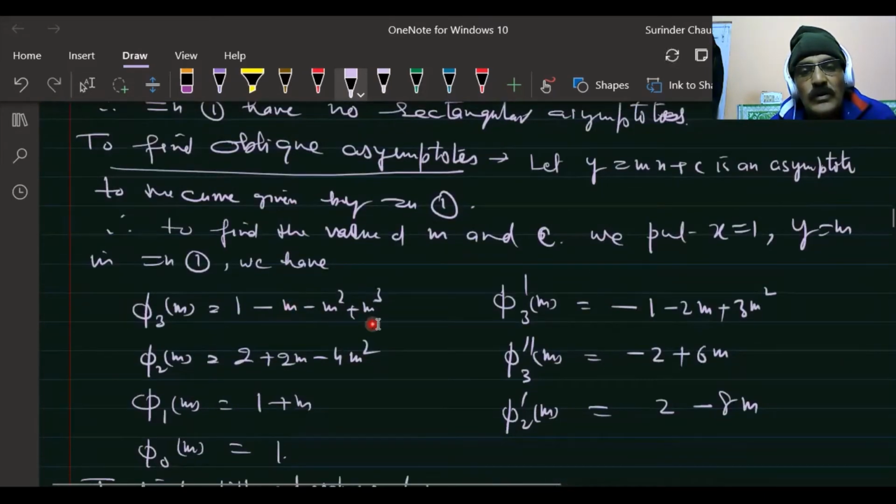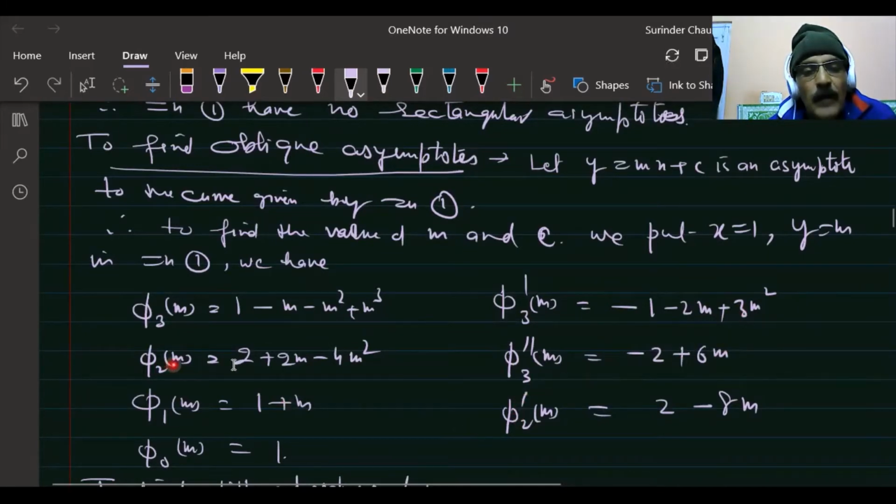Its derivative is minus 1 minus 2m plus 3m square. The second derivative of phi 3 is minus 2 plus 6m.